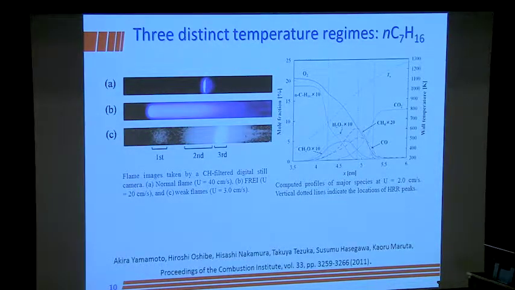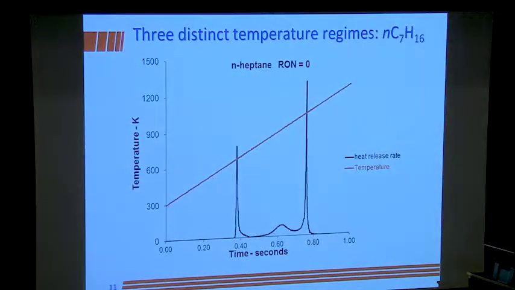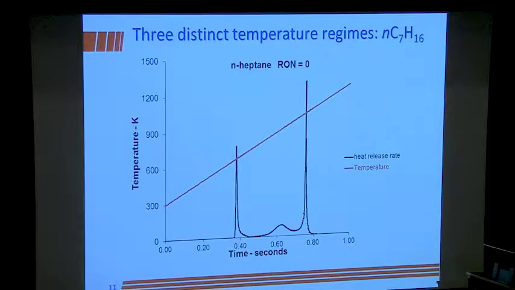And so Charlie Westbrook thought those experiments were really cool and then simulated that. So if you simulate n-heptane, it has a research octane number, as you all know, of 0. So here we plot temperature versus time. That's the red line here. So the temperature is increasing.